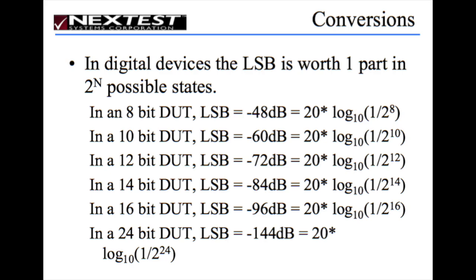In a 12-bit device, the LSB is worth minus 72 dB, or 20 times log base 10 of 1 over 2 to the 12th. In a 14-bit device, it's minus 84 dB, and in a 16-bit device, like a CD, that's minus 96 dB.